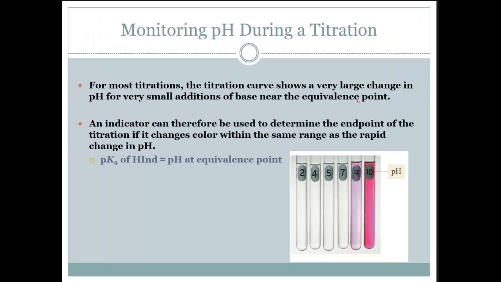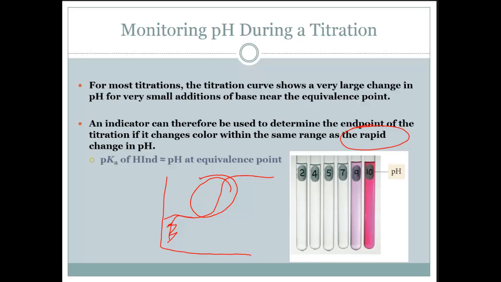An indicator can therefore be used to determine the endpoint of the titration if it changes color within the same range as that rapid change in pH. The titration curve shows a very large change in pH for very small additions at the equivalence point.